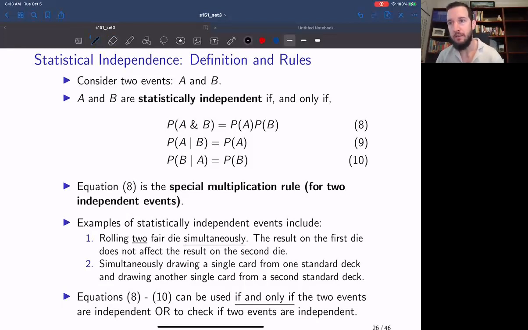What does it mean when events are independent? It means they occur at the same time, so they intersect, but they do not affect one another. So where students get confused is they think if an event is independent, it has to be mutually exclusive as well. This is not correct.